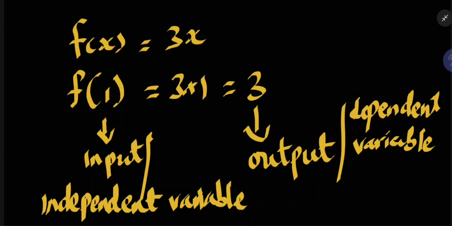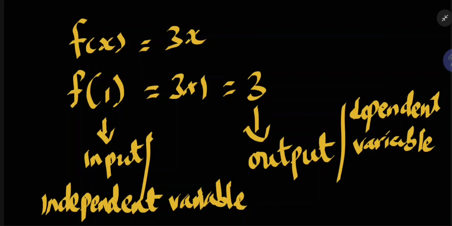Our output is called the dependent variable because the value of our output depends on the value of the input. Now this is 3 because our input is 1. If our input changes, let's say to 15, the value of the output changes. If we had f of 15, our value changes from 3 to 45. That's 3 times 15 equals 45. So this means that the value of our output really depends on the value of the input.